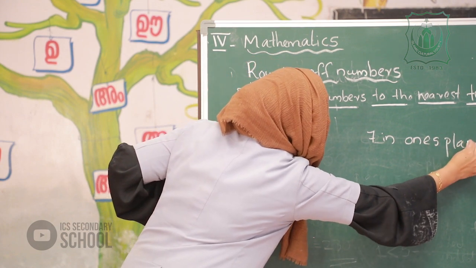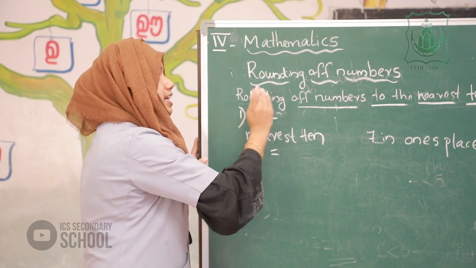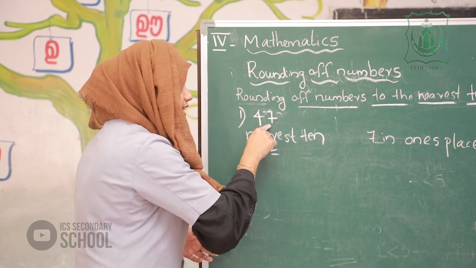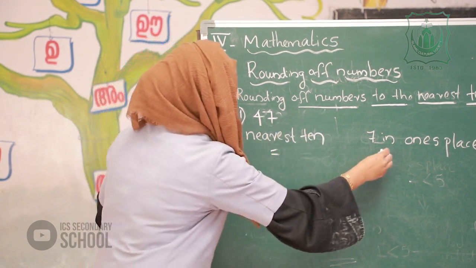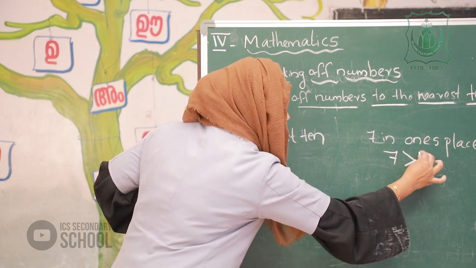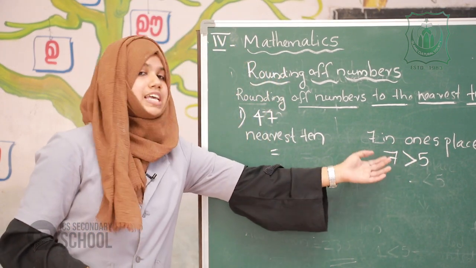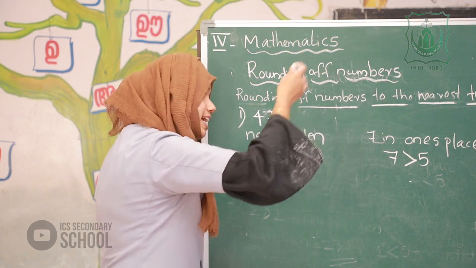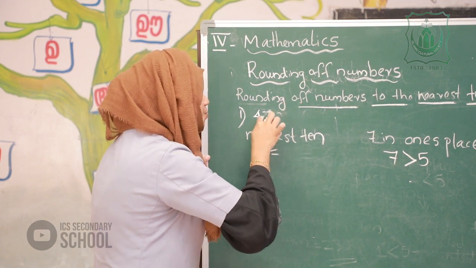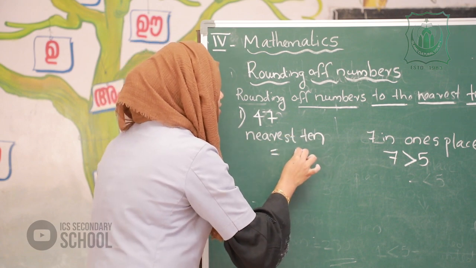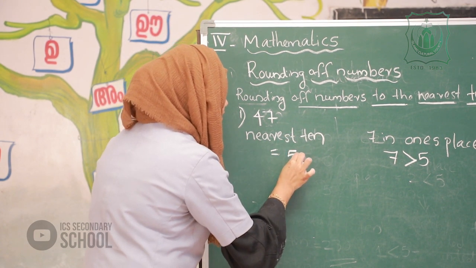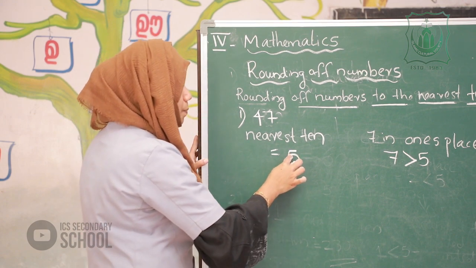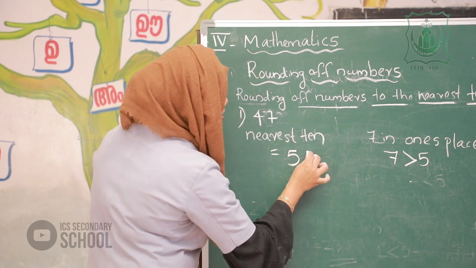If you get a number with 2, 3, or 4 digits, in the case of nearest 10 you have to look only at the ones place. 7 in the ones place is greater than 5. Then what happens? If the number in the ones place is greater than 5, add 1 to the tens number. That means 4 plus 1 is 5. And change the ones place to 0.